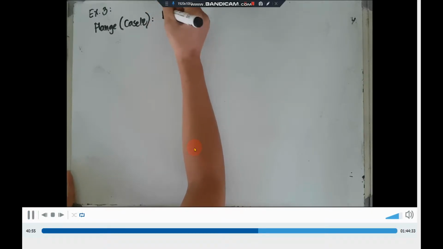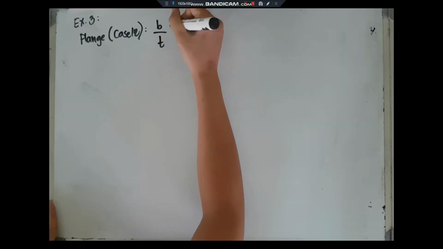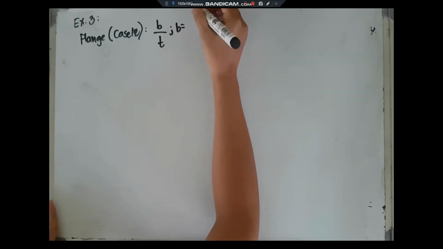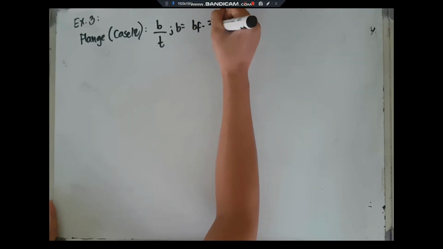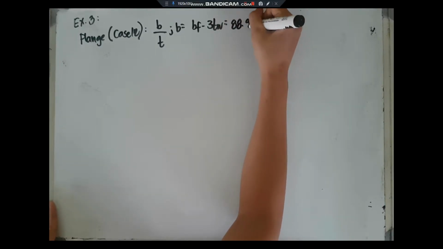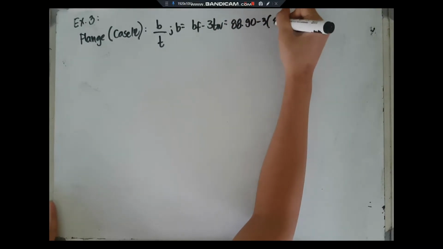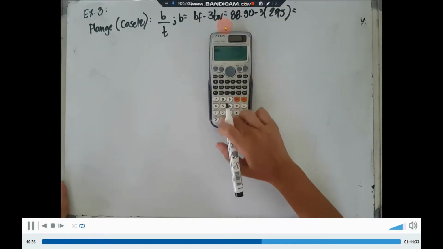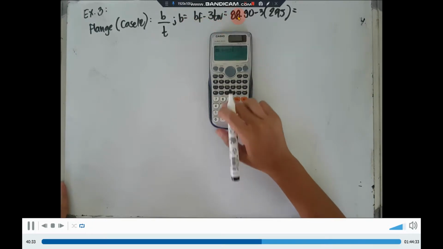For the flange, we will consider case 12. So the width thickness ratio would be equal to B over T, in which our B is equal to the flange width minus thrice the thickness of the web. By the way, we can find this formula in our NSCP. So here it is.